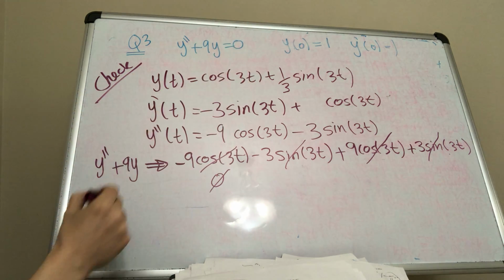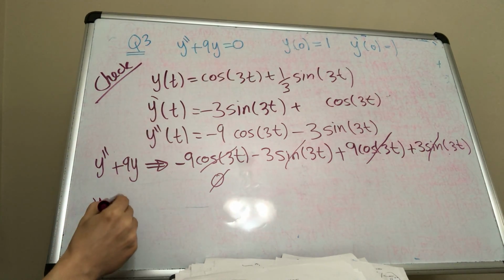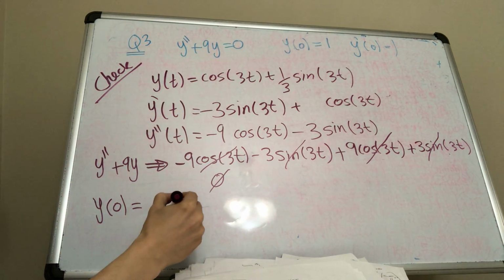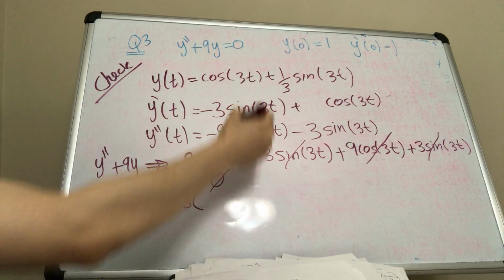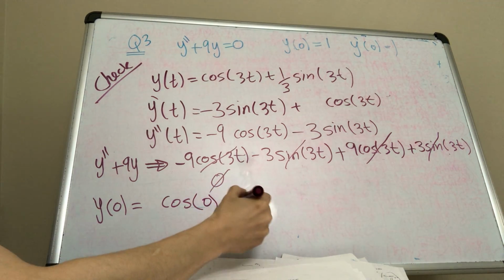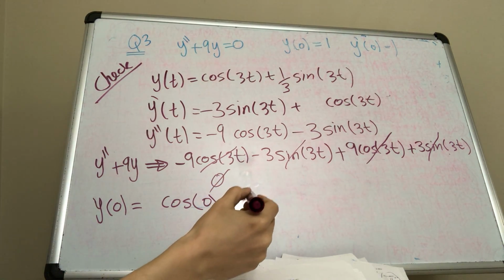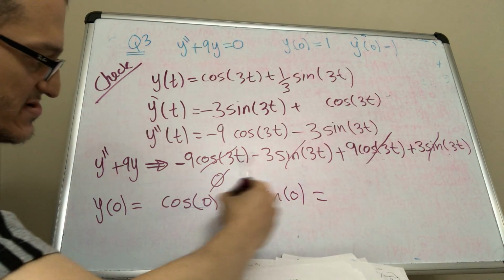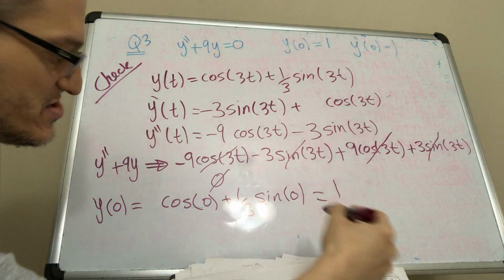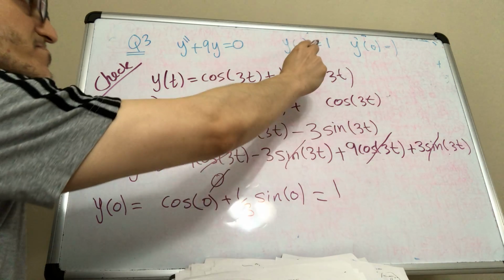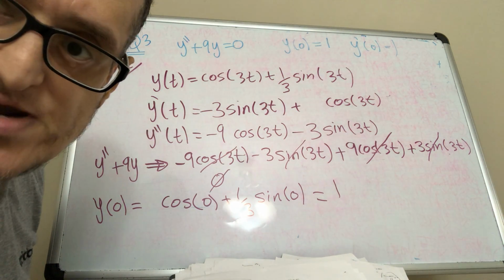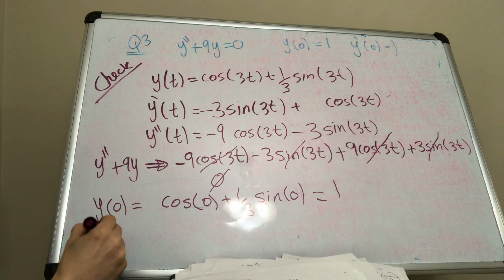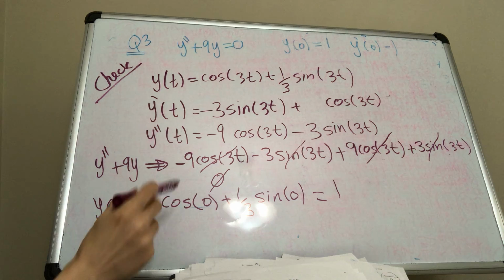Let's see the other conditions. Does y(0) equal 1? So let's plug 0 here. Cosine of 0 plus 1/3 sine of 0. Cosine 0 is 1, sine 0 is 0, so y at 0 is in fact 1. Let's try the other condition. Does the derivative at 0 equal 1?